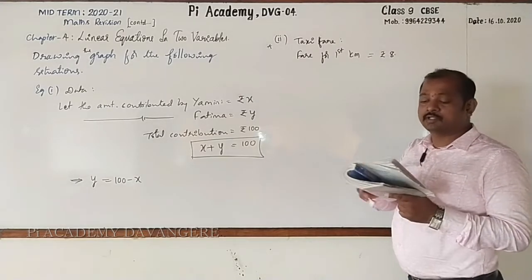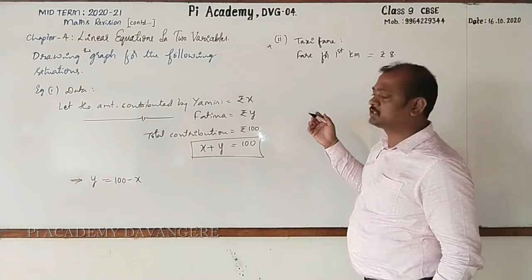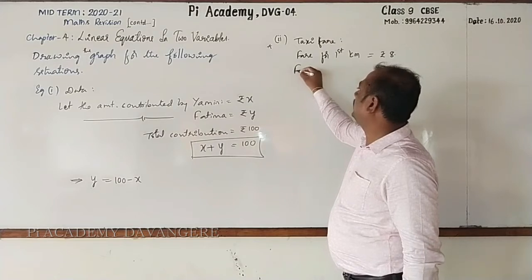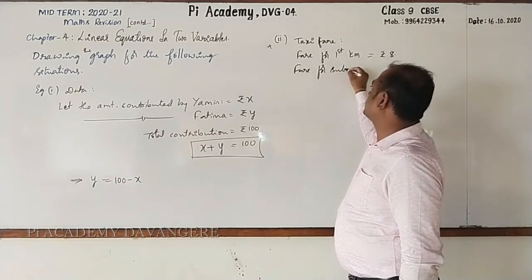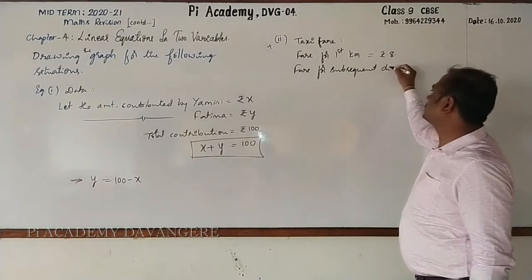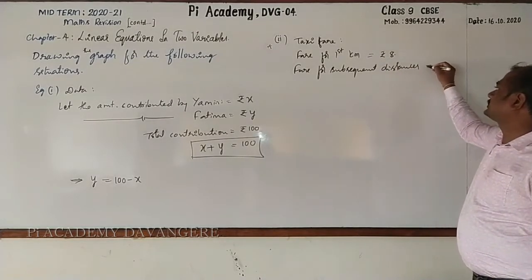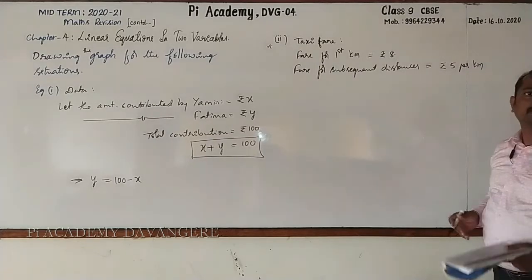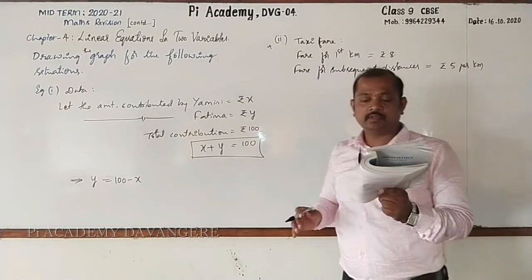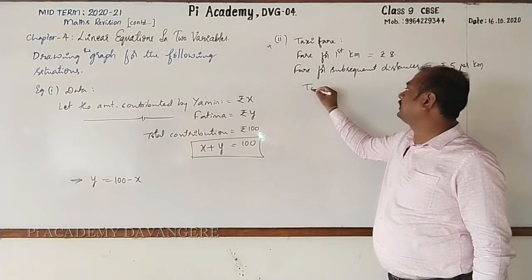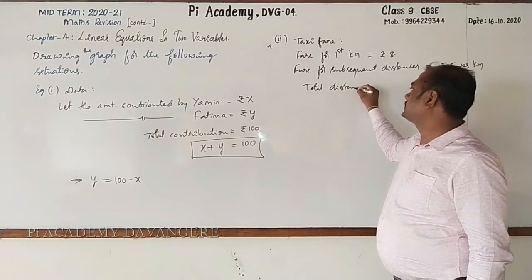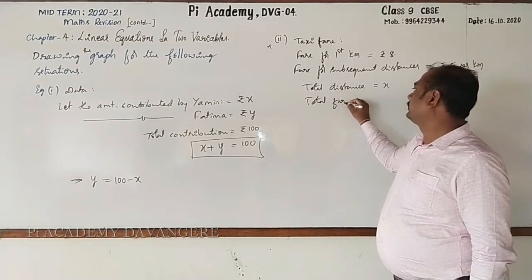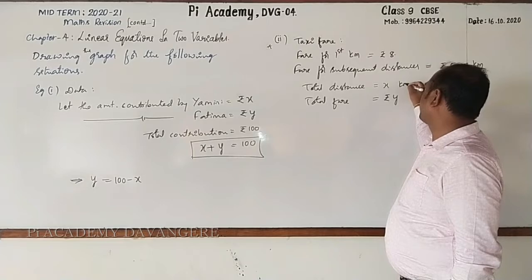And fare for the subsequent distances, for the remaining distances, it is rupees 5 per kilometer. Followed. Here they have asked you to take the distance covered as x, the total distance as x, and the total fare, total charge, as rupees y.